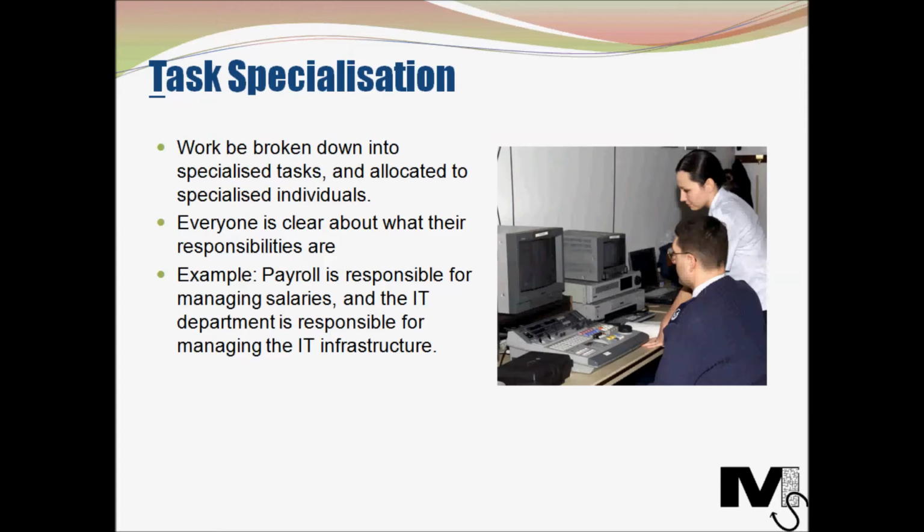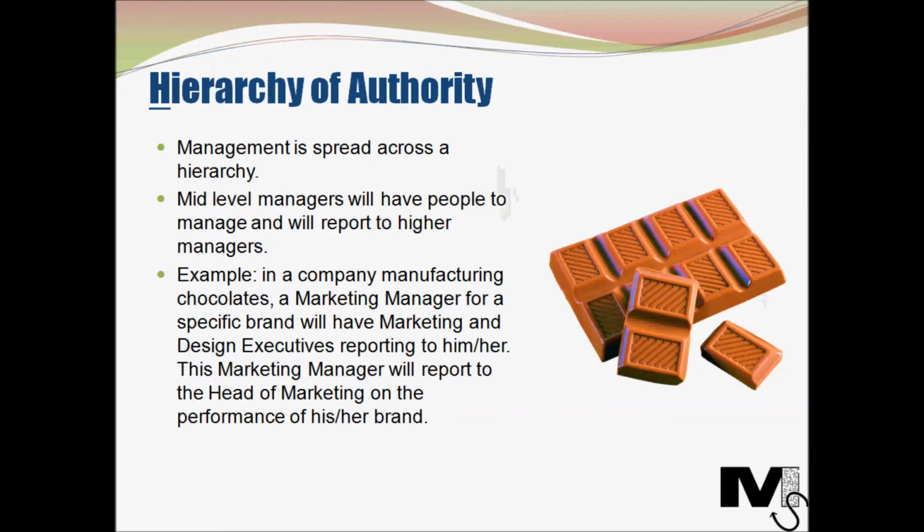Okay, now the next characteristic is hierarchy of authority. Now this can also be called hierarchy of management. So authority is another way of referring to the management in an organization. This implies that management in a bureaucracy is spread across a hierarchy. There will be employees, there will be people who manage these employees, and then there will be people who manage these managers, and so on.